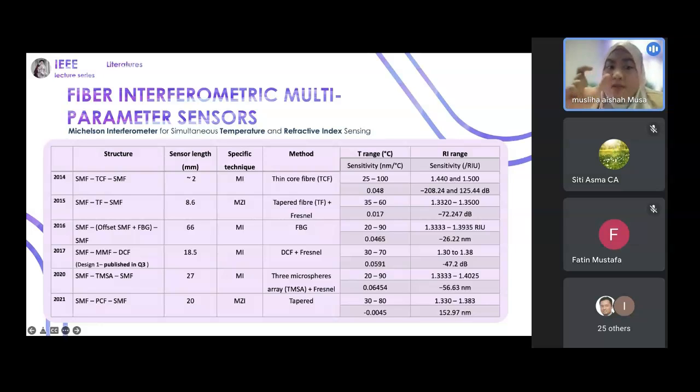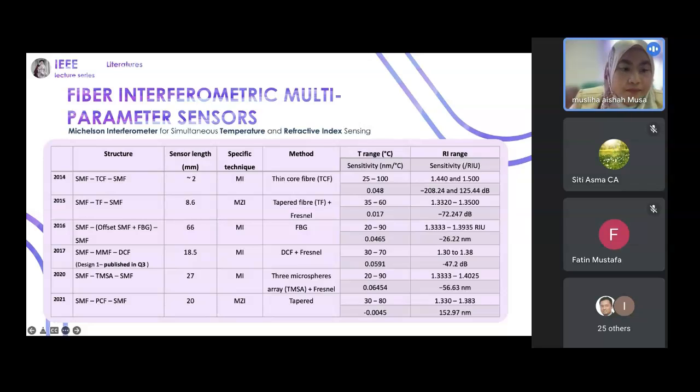The sensor head is very small, approximately just 2 mm. And this one is a tapered fiber, and then they combine it with a Fresnel. Okay, Fresnel is normally for refractive index.